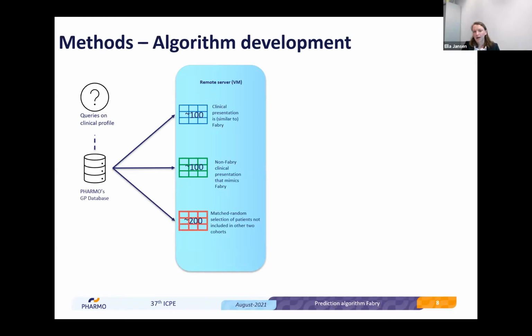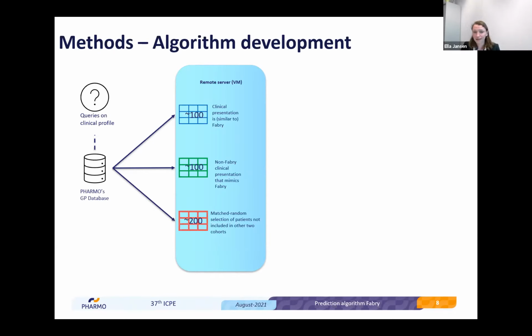And so these 2 training sets are thus very similar, but the difference is that patients with a confirmed diagnosis of another disease, such as Guillain-Barré syndrome, were put in the second training set, the mimic group, and only confirmed or potential Fabry patients were included in the first training set.